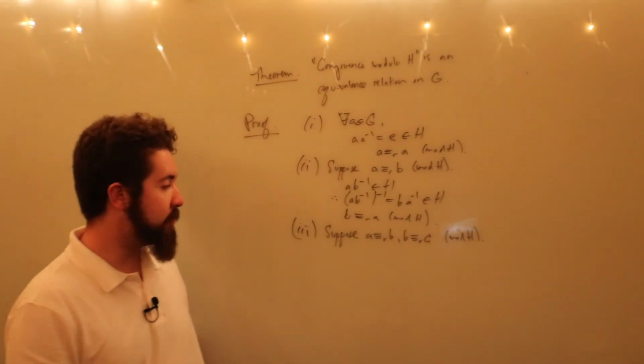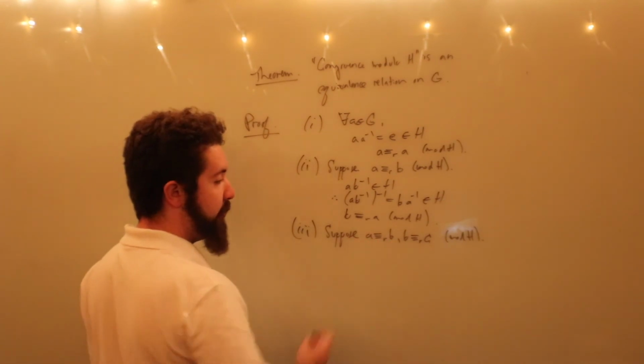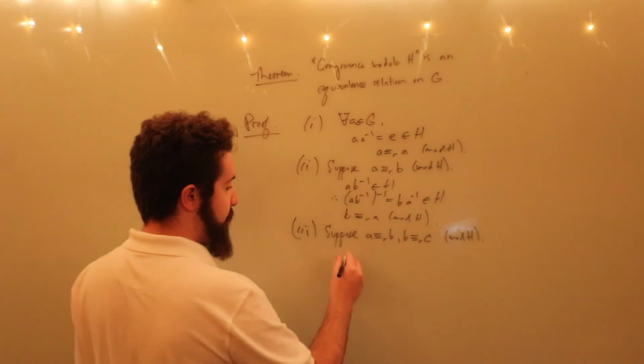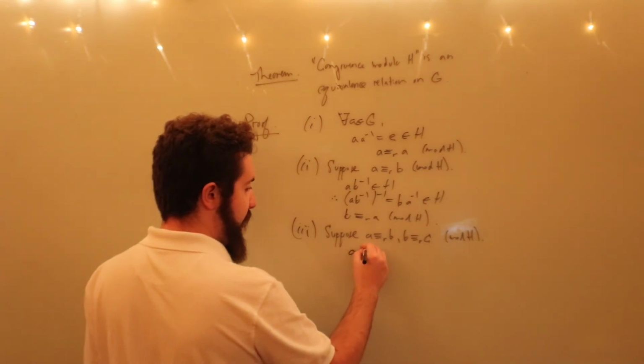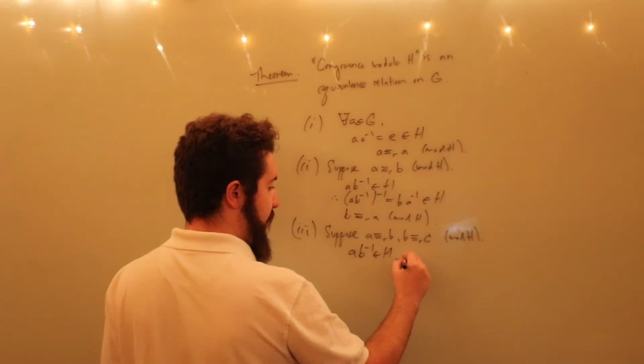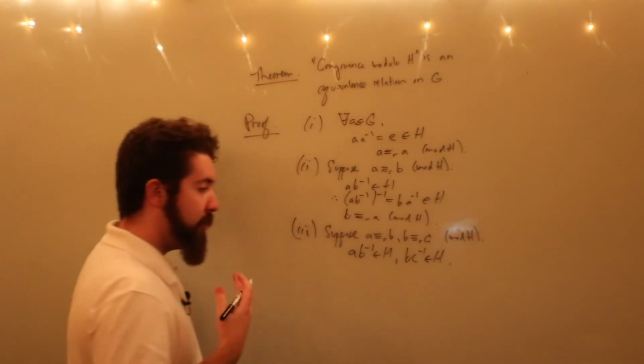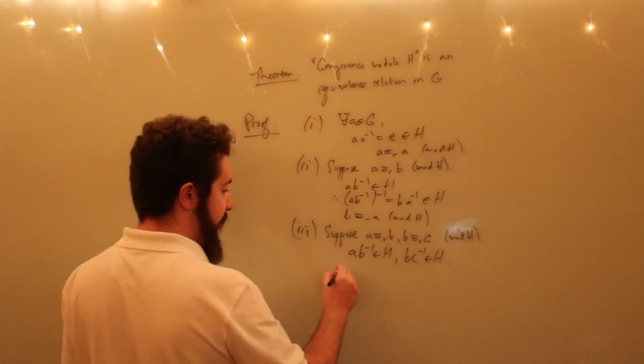All right, now for the last one, suppose A is right congruent to B and B is right congruent to C. That means, by definition, AB inverse is in H and BC inverse is in H. But what does this mean for the product?